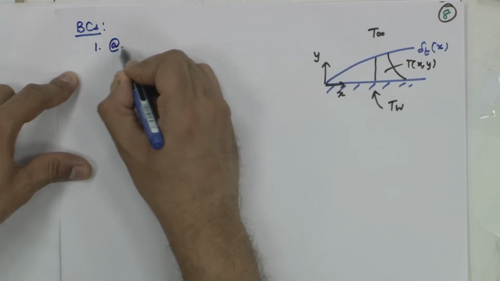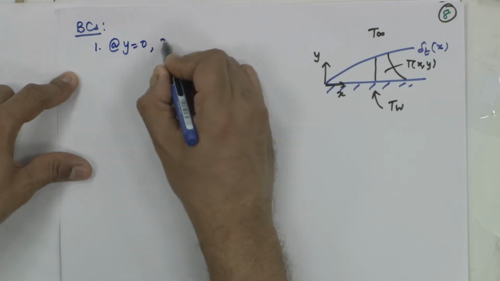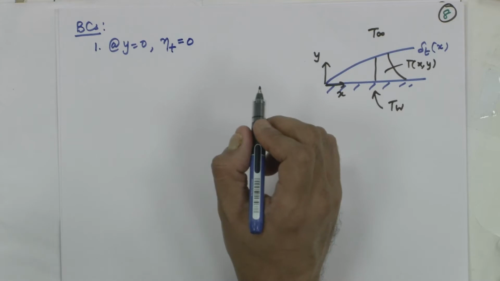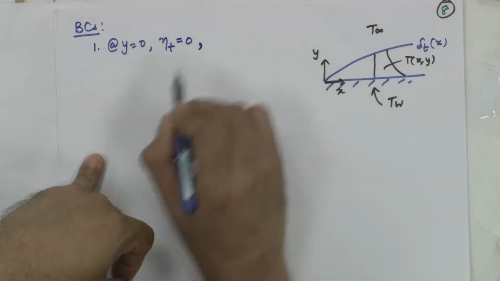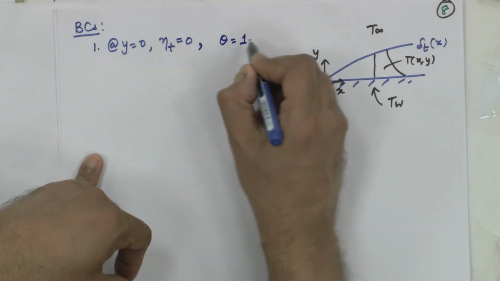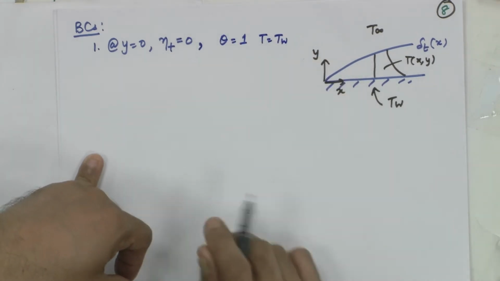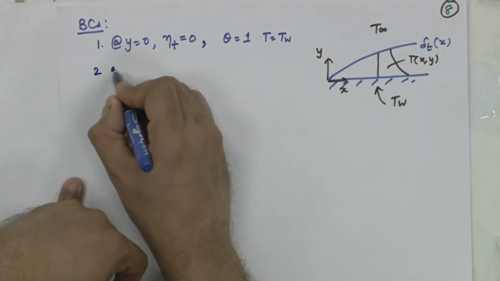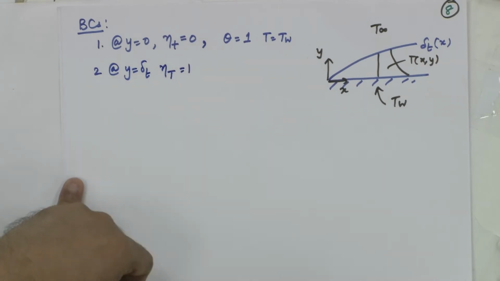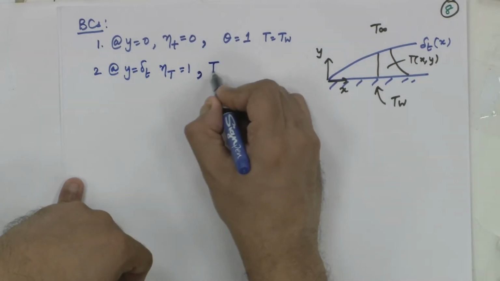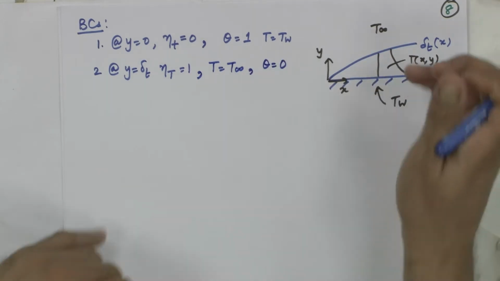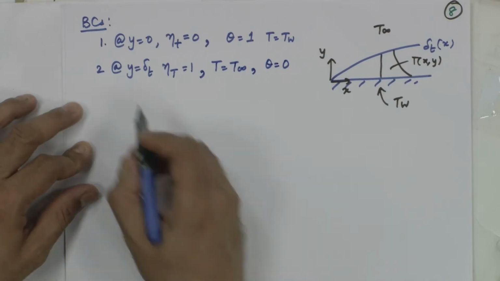First one, at y equal to 0, which means eta t equal to 0, T is equal to T wall, which means theta equal to 1. Second boundary condition, at y equal to delta T, which means eta t equal to 1, T is equal to T infinity or theta equal to 0, free stream temperature, so non-dimensional temperature is 0.